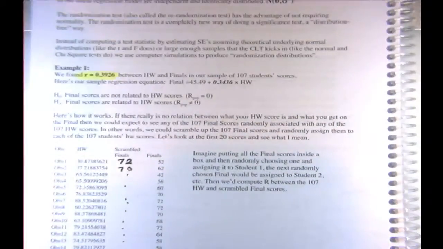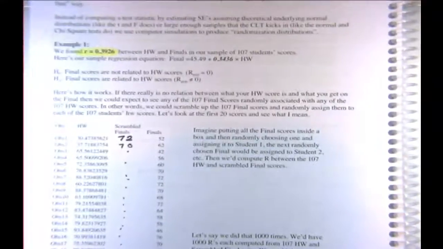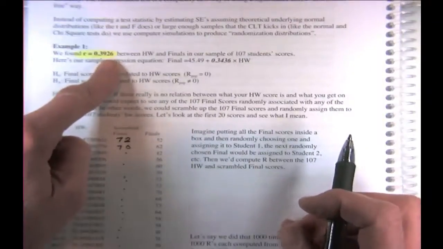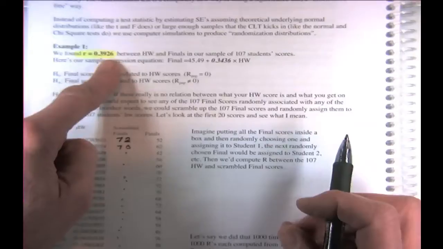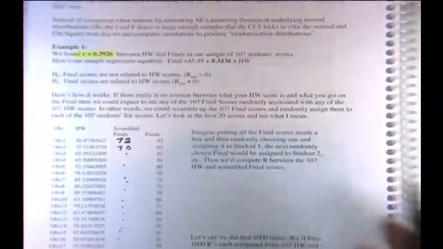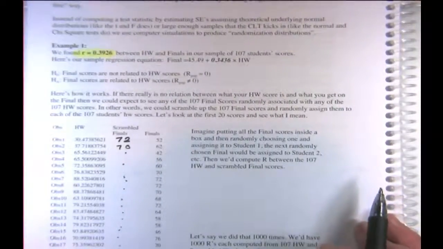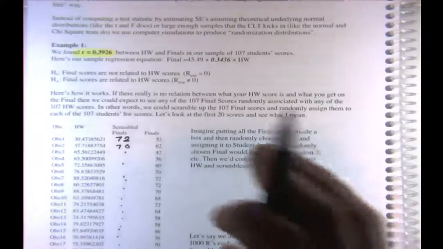In this case, homework and final scores are completely uncorrelated. The observed sample correlation we got was just due to chance variation, the luck of the draw.